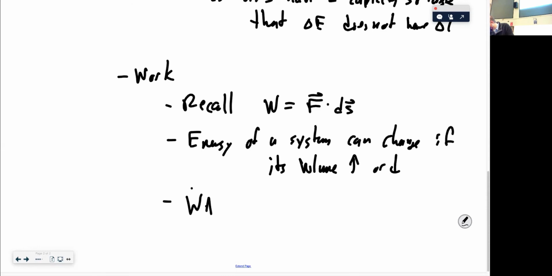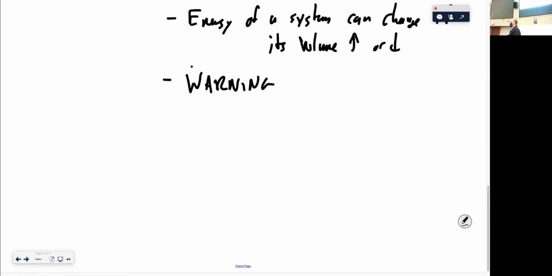Here's a big warning. There's a convention difference between how we dealt with work in Analyte 1 and how we deal with work in fluids, and it just leads to a negative sign. In mechanics, in Analyte 1, work is defined as the work done on a system.